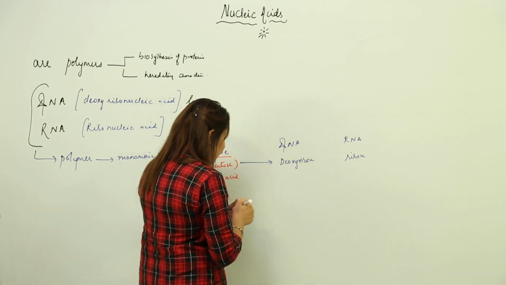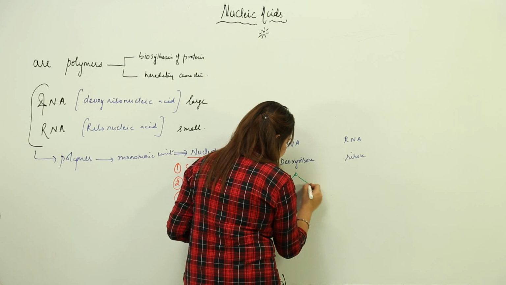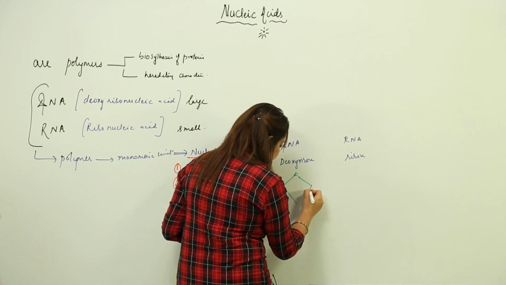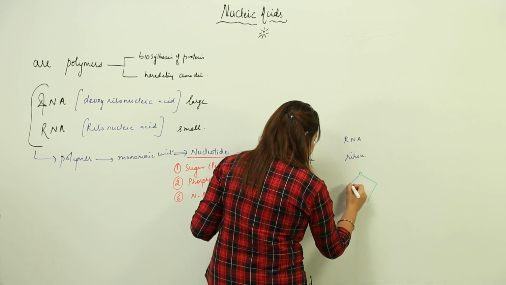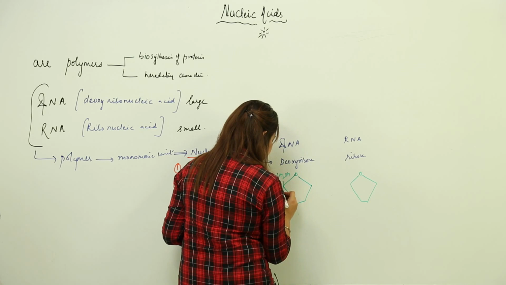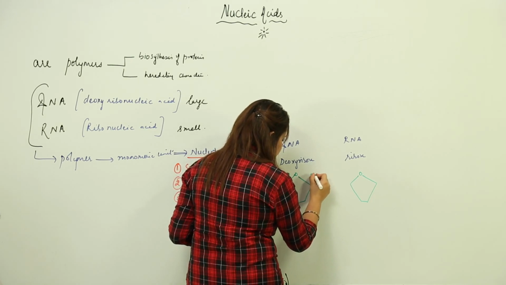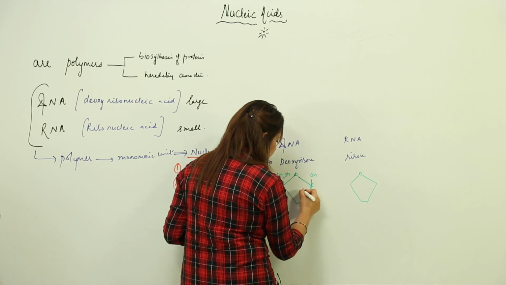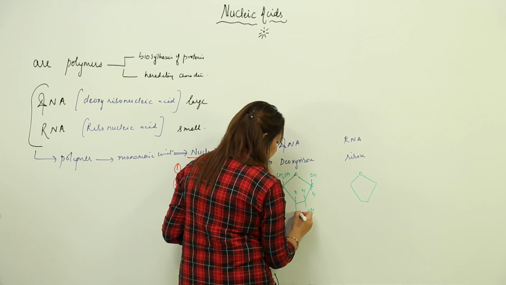Their structure is typically like this, same for this. We have groups here: CH2OH, H, OH, H and OH, H and OH.